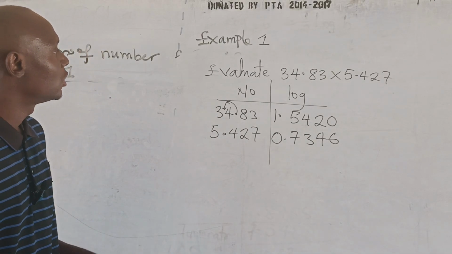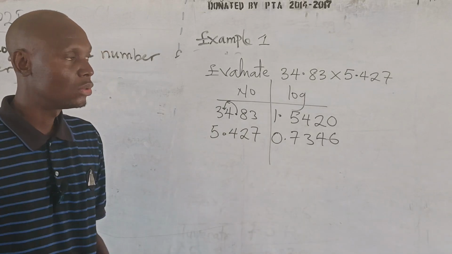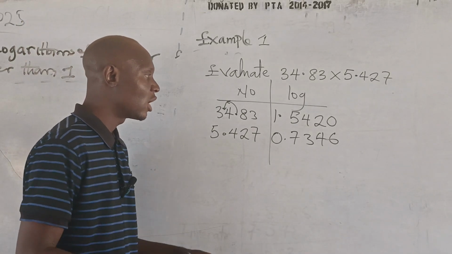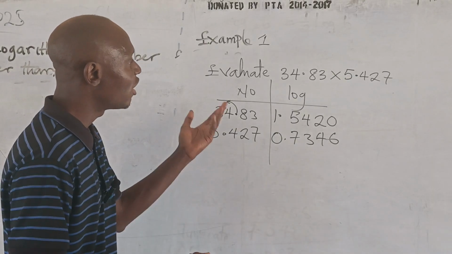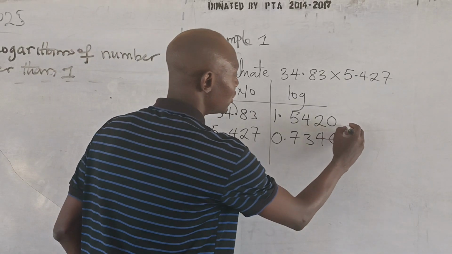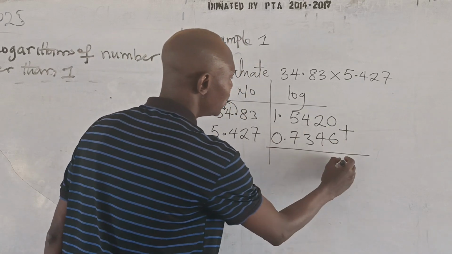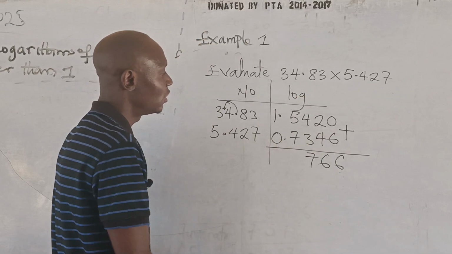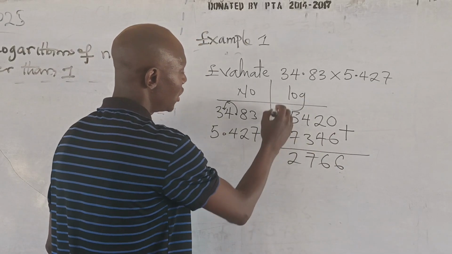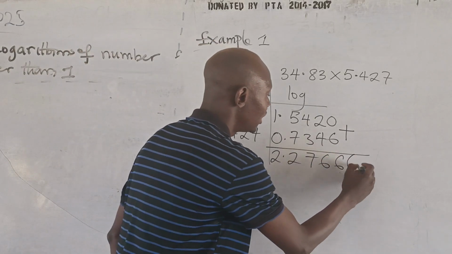Due to the fact that we have multiplication between the two numbers, according to the law of logarithm, when we have multiplication, the outcome is addition. So we are going to add these now. This is 6, this is 6, this is 7, this is 12, and this is 2. So from here, we are going to check antilog.